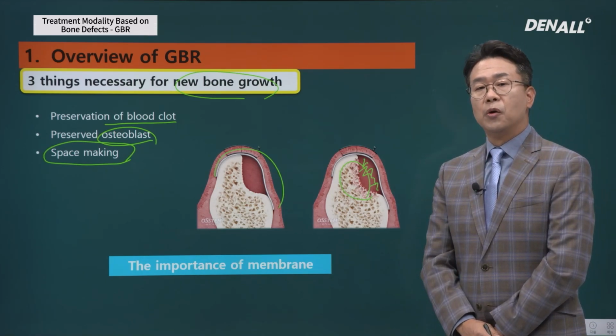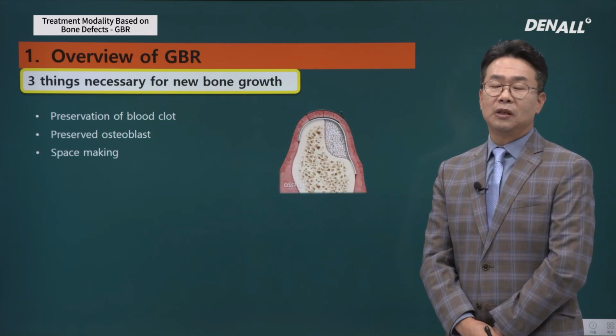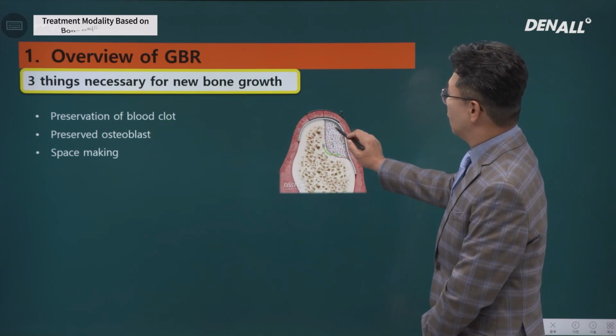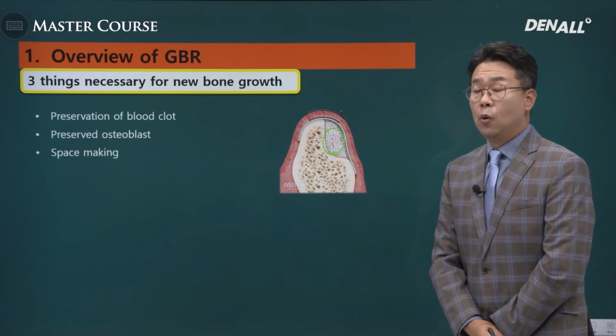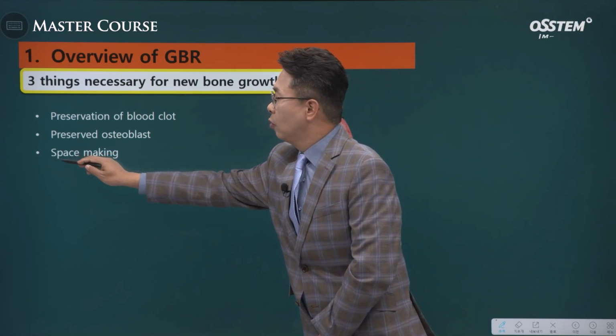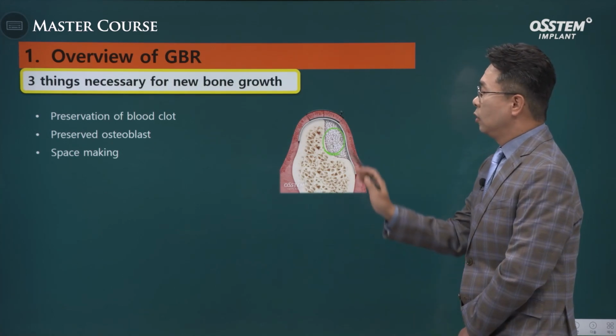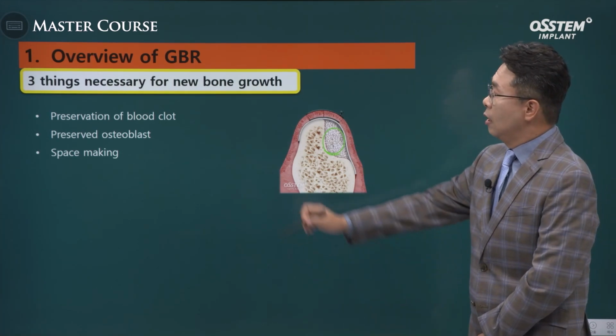I've already talked about it when we talked about GBR definition, but bone graft materials can be used together. Bone graft materials support the membrane and help in space maintenance. Therefore, use of graft material is important.